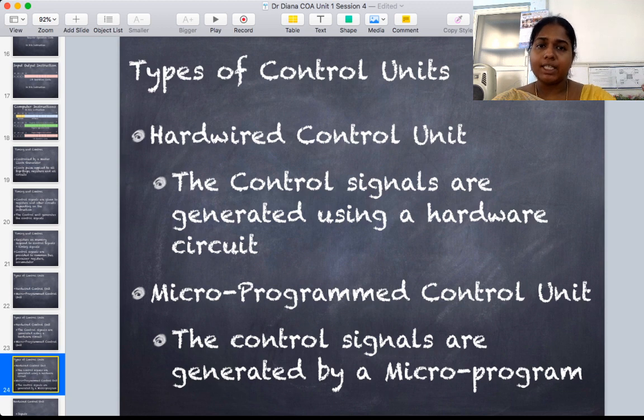In that case, it goes and looks up inside the memory. The memory will have some piece of code which says at timing signal T1, you take the input from the accumulator. At timing signal T2, or the second clock cycle, you read the data from the data register.